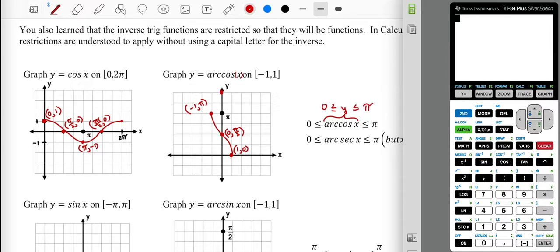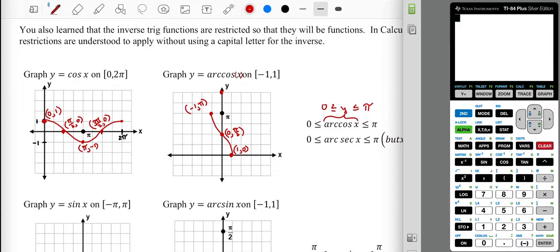So we need the original function to pass the horizontal line test in order for the inverse function to pass the vertical line test. Right? So once the original function fails the horizontal line test, we stop including those x values. Those x values, when converted over to an inverse, correspond to y values. All right.